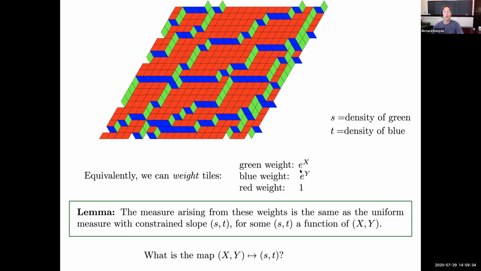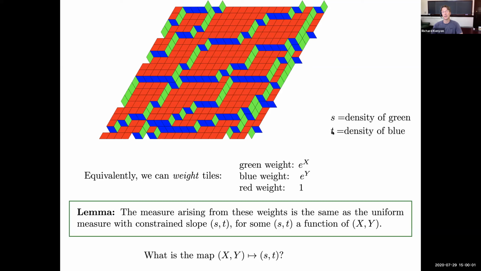So for example, if x is very large, tilings which have more green are going to have a larger weight, and so the green will be more prevalent, and that will affect the density of greens. So these quantities x and y, e to the x and e to the y, affect the density. So for each choice of x and y, there will be, in fact, a typical density.